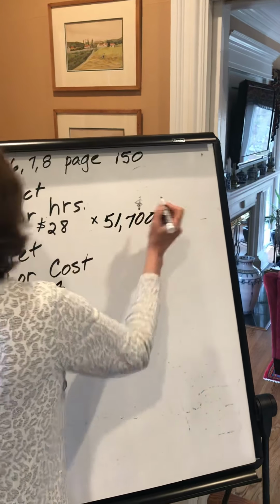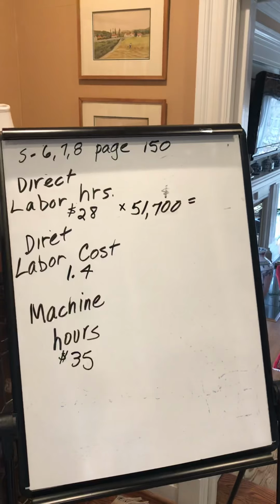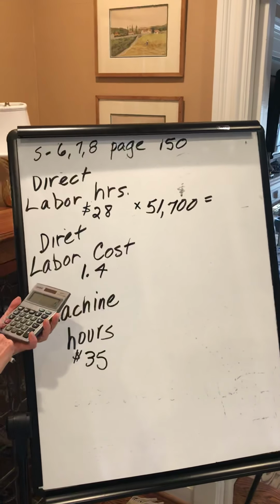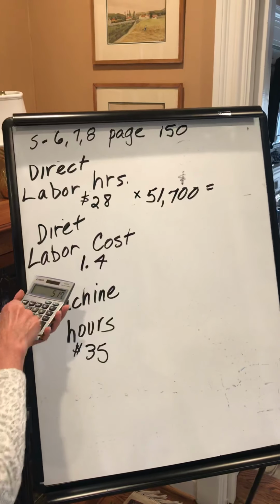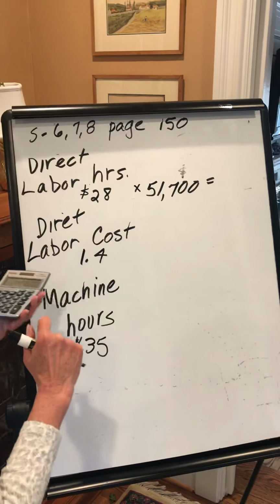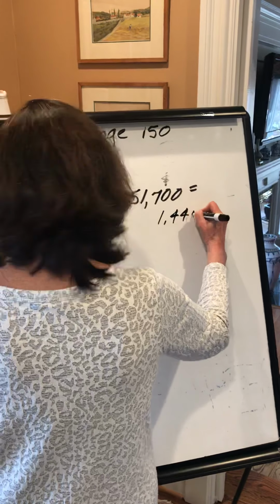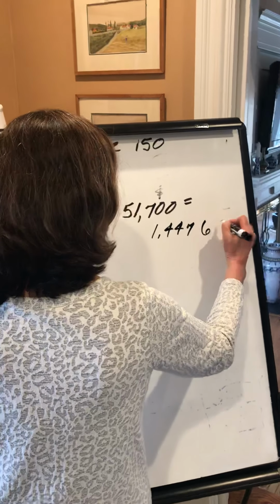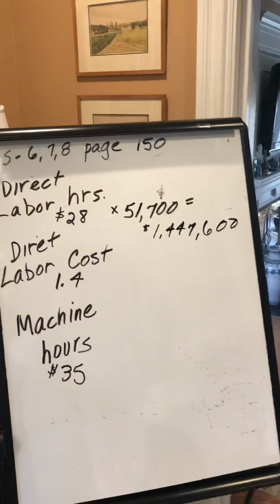So, how much overhead would they have allocated if they used direct labor hours throughout the year? $28 times 51,700 hours, $1,447,600. So that's the first possibility.